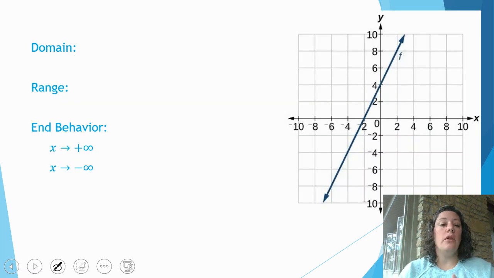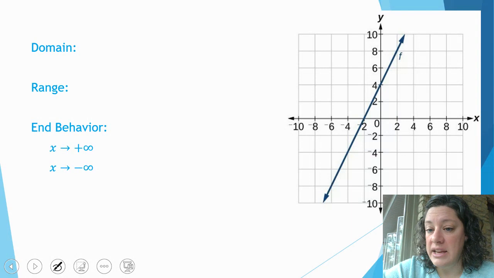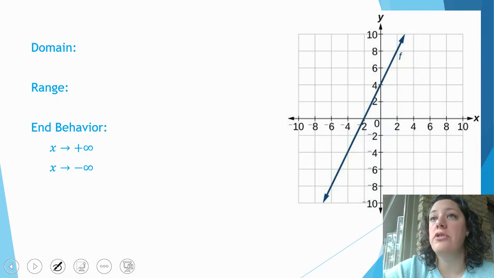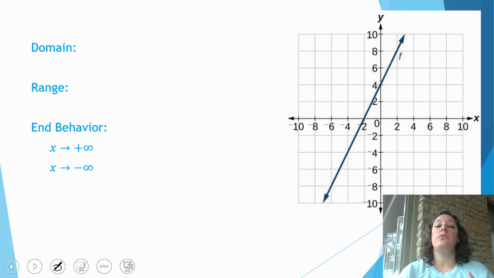So let's look at a graph here. You can see we have the graph of a line, just a plain old line. It's got the arrows on the end, which tells you that you're going on forever. Let's start with the domain. How is the graph described width-wise? You want to ask yourself, does it have an ending point? The arrows tell us that this graph is going to continue to get wider and wider as it goes out.